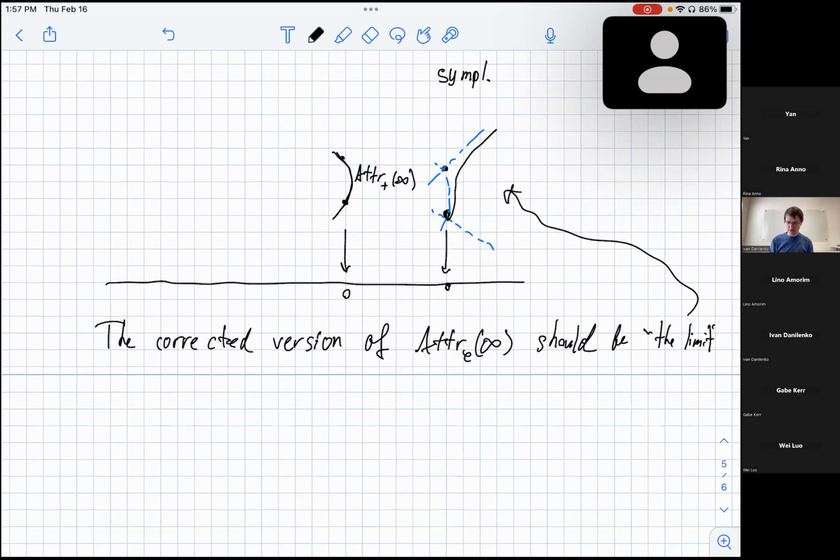So in cohomology, in equivariant cohomology, that would be just the Poincare dual of the attractor to infinity plus the fiber, so the attractor to zero, right?